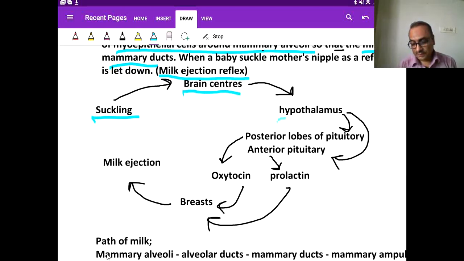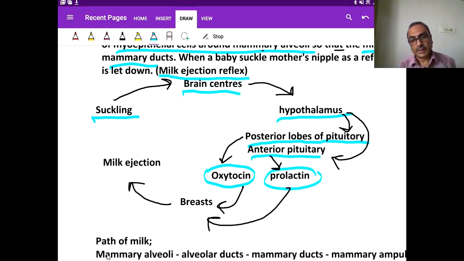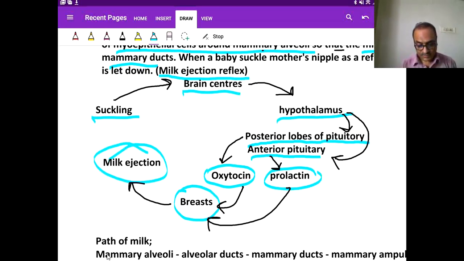The brain center stimulates the hypothalamus, which stimulates the pituitary gland, the posterior lobe to release oxytocin, and the anterior lobe to release prolactin. These two hormones stimulate the breast: oxytocin acts upon the myoepithelial cells, bringing about contraction of the alveoli, and like that the milk is ejected out from the nipple of the breast.